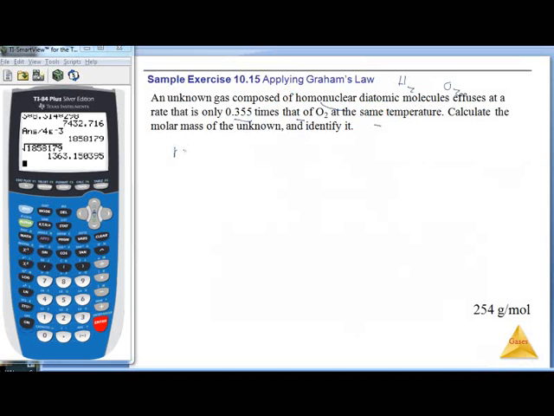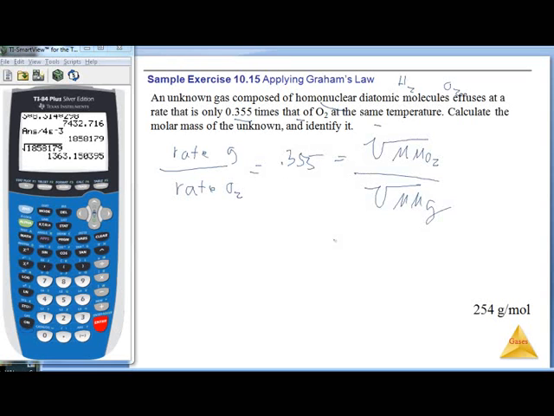Okay, so what I know is the rate of some gas over the rate of oxygen is 0.355. And I know that it's equal to the square root of the molar mass of oxygen over the square root of the molar mass of this gas.